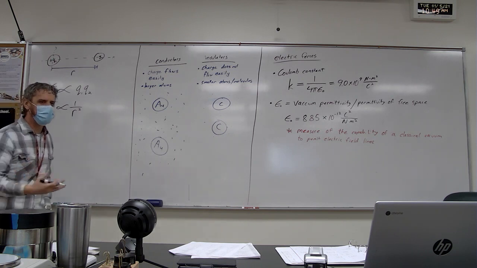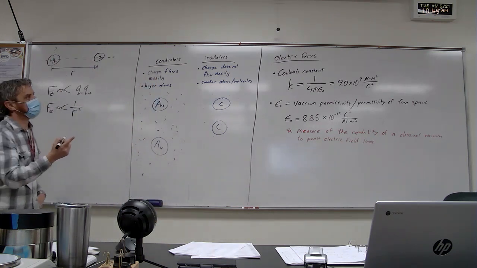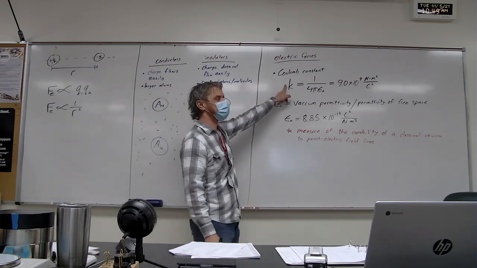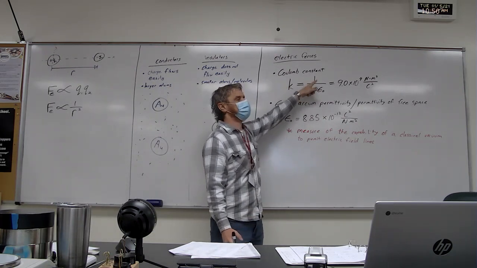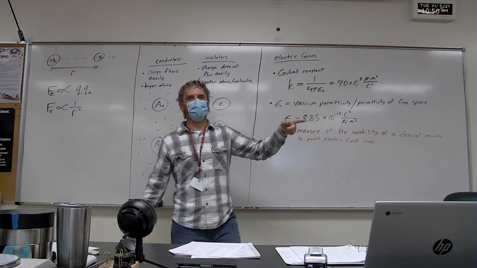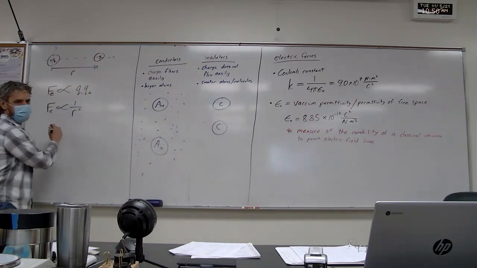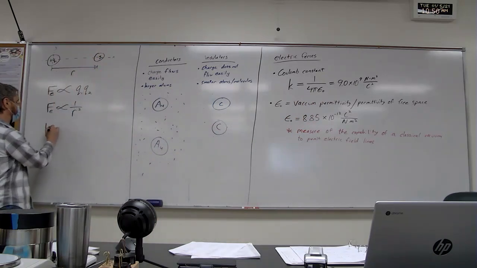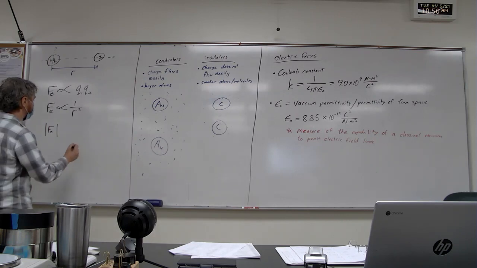So to make an equation out of this, I have the proportionality constant. It turns out that K is the proportionality constant, which was experimentally determined and then was later determined to be essentially a property of the vacuum permittivity. And so it can be expressed in that way. So we can write the magnitude of the electric force, and then you just need to use your knowledge of whether they're both negative, both positive, or one's positive and one negative to determine the resulting direction of the force.